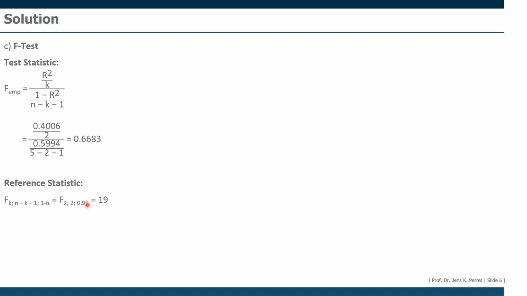In the table, we look up the value F(2,2) at 0.95, and there we find a value of 19. So if we do our test, we compare test and reference statistic. We see that the test statistic is much smaller than the reference statistic. So we cannot reject the H0 hypothesis. We need to keep this, meaning our model does not have significant explanatory power.